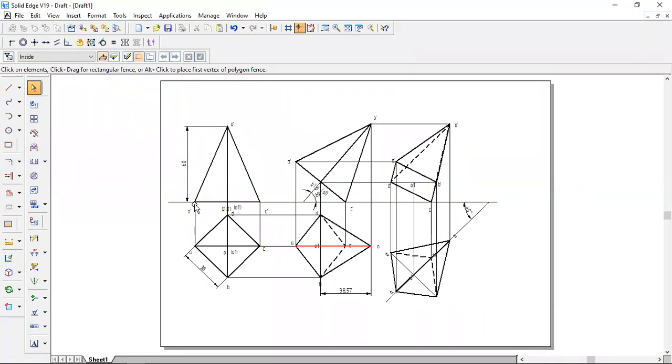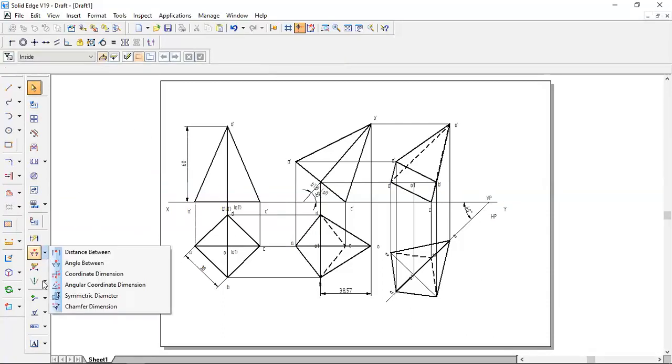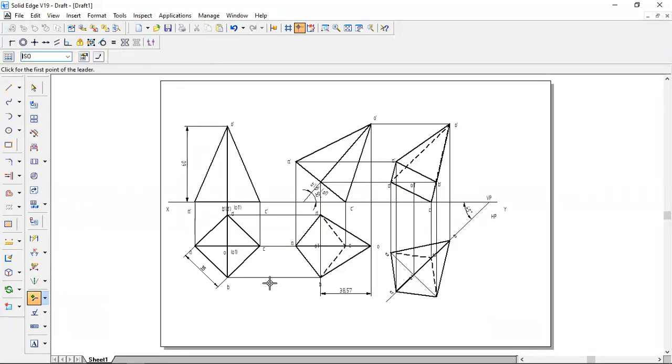And the dimensions are measured, the XY line, VP, HP, all to be mentioned, and directions, as we told. So for directions, the leader needs to be shown. So like this.